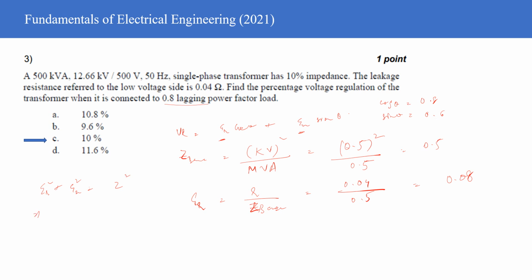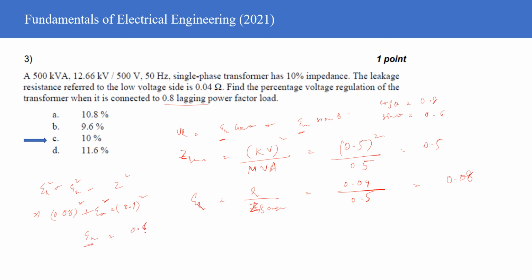Therefore the Z value is given in the question as 0.1, right? So this is given to you as 0.1, and you have figured out that ER is equal to this quantity. Therefore EX you can figure out from here as 0.06.